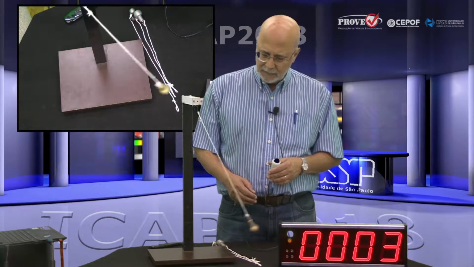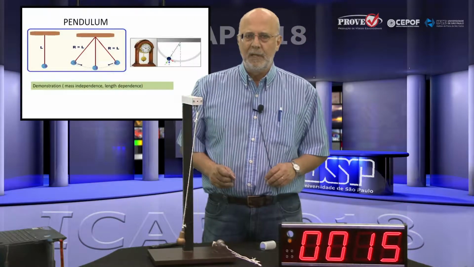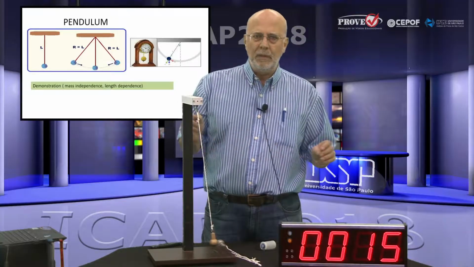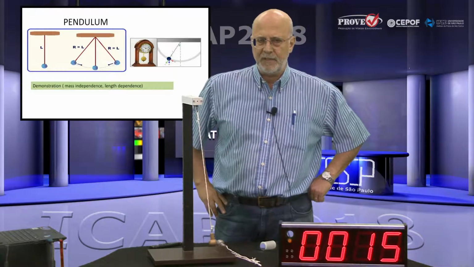And measure 1, 2, 3, 4, 5, 6, 7, 8, 9, 10. So 10 oscillations was about 15 seconds, so this pendulum oscillates about 1.5 period. It gives 10 oscillations in 15 seconds.